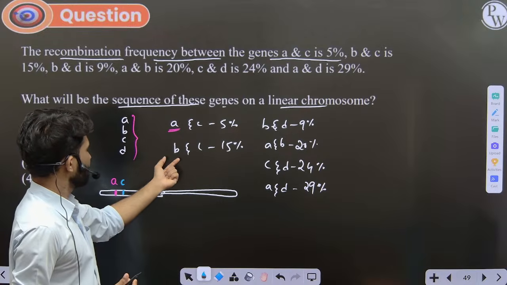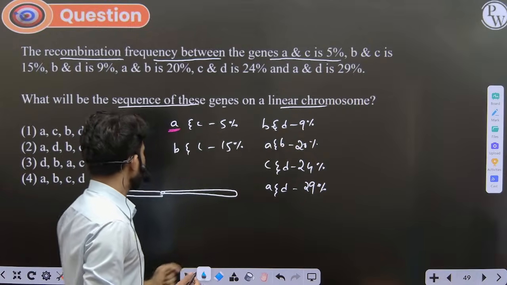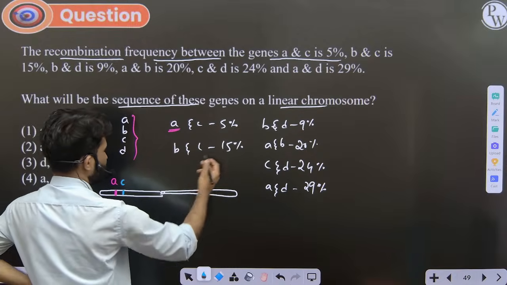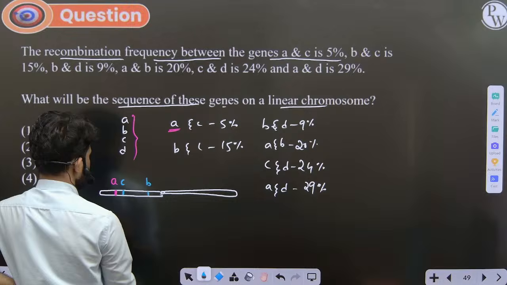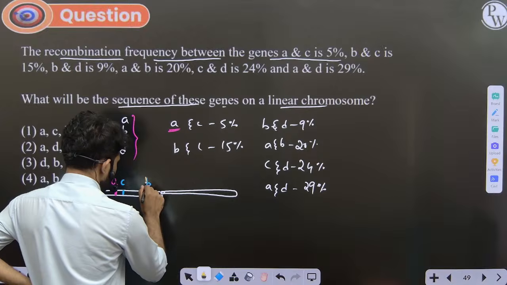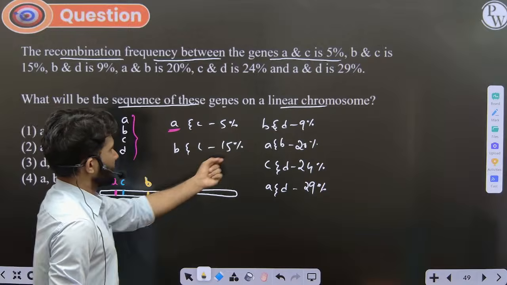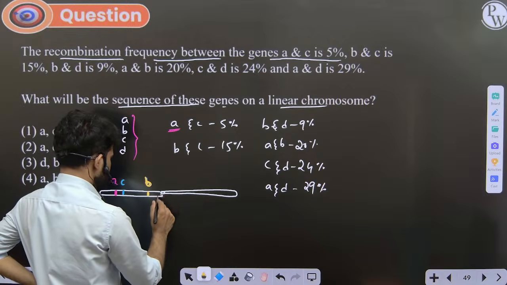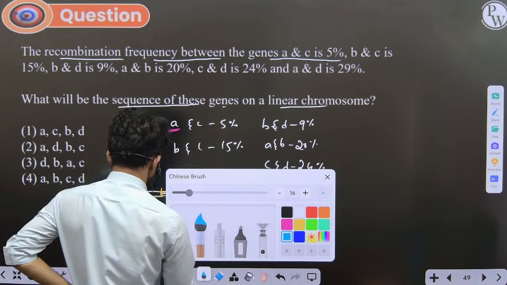B and C is 15%. The next one, B and D, is 9%. That means they are located close to each other.